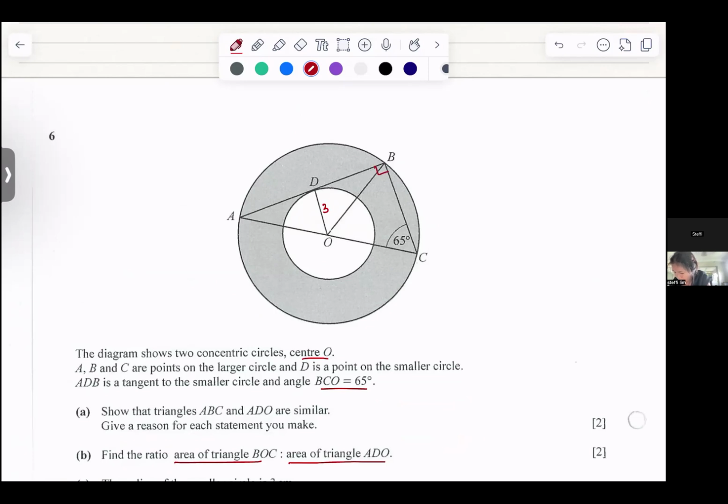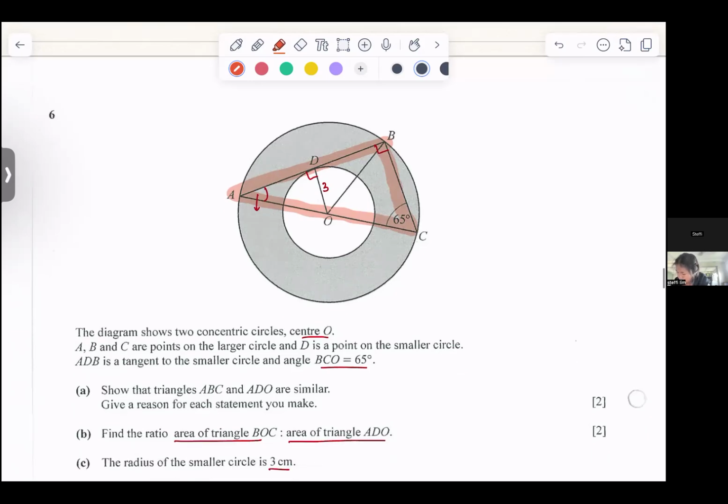We can find it using trigonometry, because this is a right angle triangle. We just need to know the value of this angle, and we can find it by subtracting the other two angles in this big triangle.